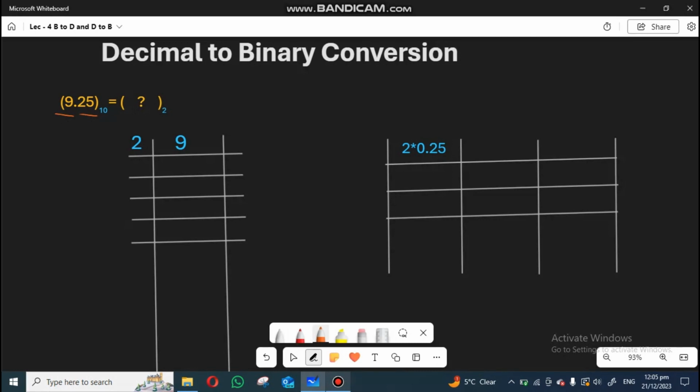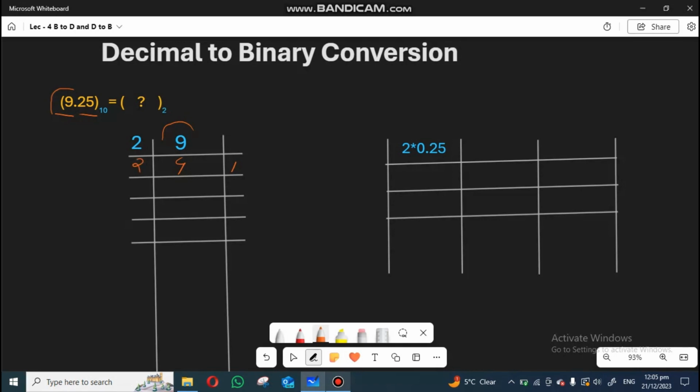For the non-fractional part, we will write our 9 like this, and we'll keep dividing it by 2. 2 times 4 is 8, so there is a remainder, which is 1, and I would write it right here.